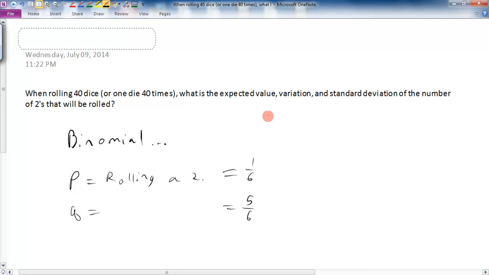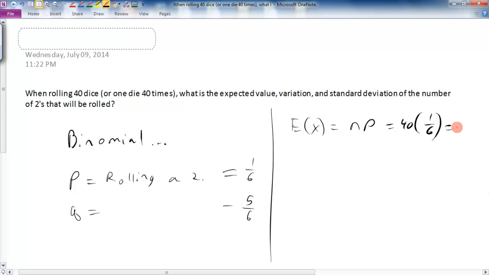So now you could try to go through a whole bunch of work to get your information here, but what Bernoulli says is the expected value is really easy. It's just n times p. How many times you roll the dice times the probability of success will give you what you expect to happen. And it makes a lot of sense. If you see here, we're rolling one die 40 times. 1 out of 6 of the rolls should be a 2.